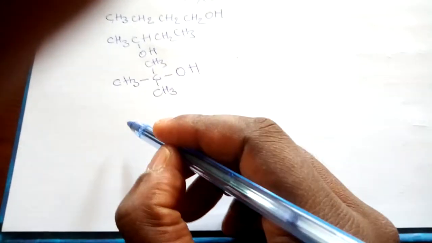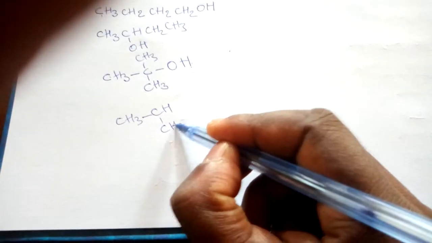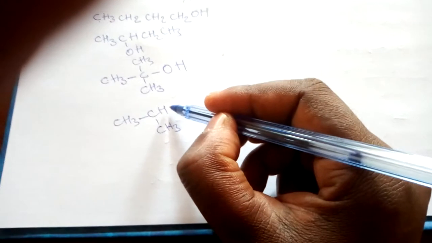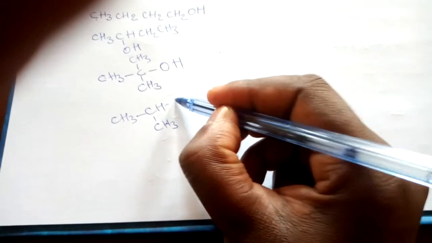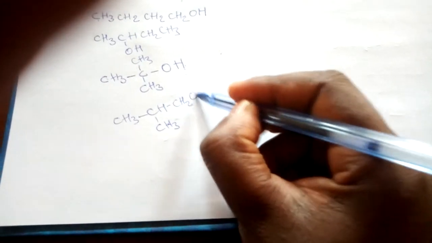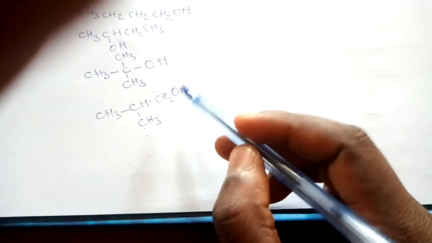You can also write CH3, CH, CH3, CH2, OH. This compound also has 4 atoms of carbon, 1 oxygen, and 10 atoms of hydrogen.